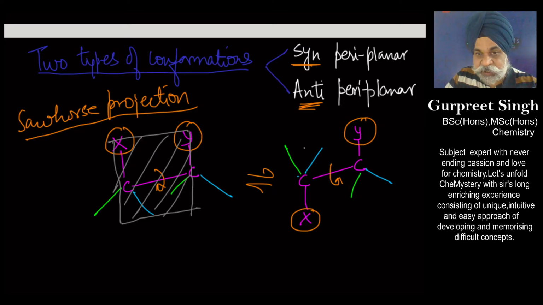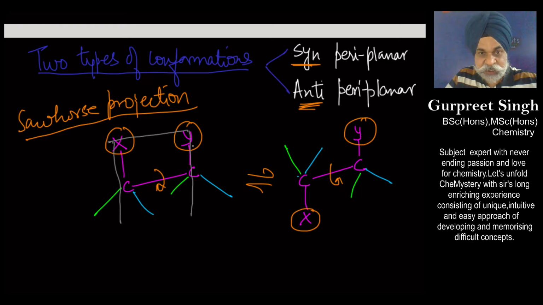And similarly, this can also come in one plane. You can see it here. So if they are in the same plane, we call it periplanar. And if X and Y are on the same side of that plane, we call it syn periplanar. Otherwise, it can be said as anti-periplanar. So let me rub it from here so that you can see it once again.